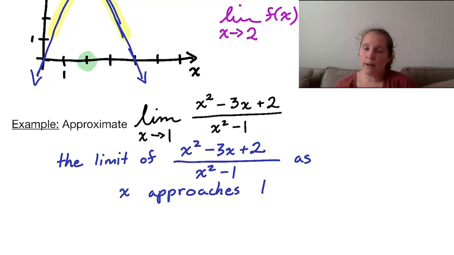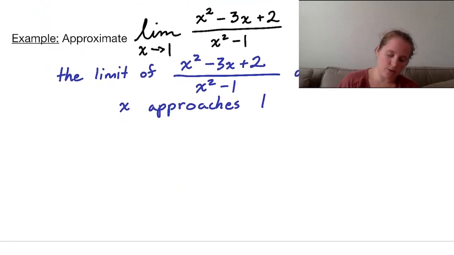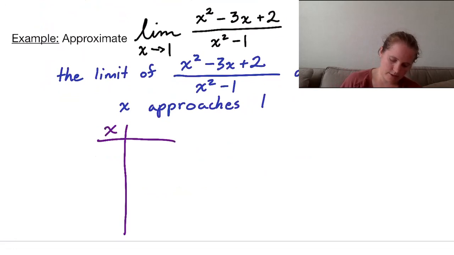I can tell you right now that we can't simply plug in x equals 1. You can see that the denominator would wind up being 1 minus 1, or 0, and we can't divide by 0. So we absolutely cannot simply plug in x equals 1. We'll do our t-table with x and f of x.